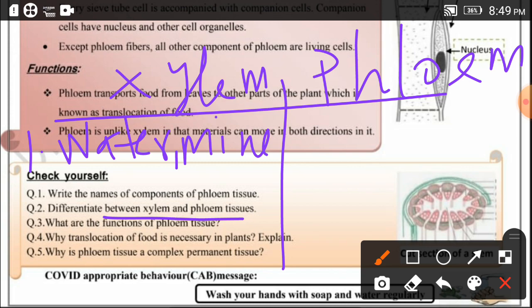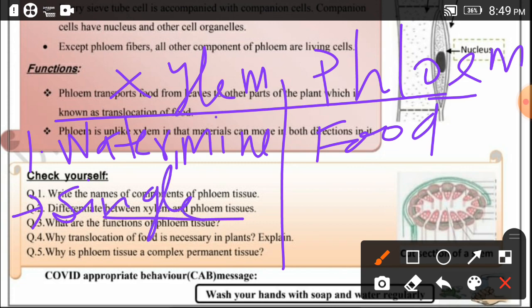Keep it in mind. Phloem translocates food. Xylem transports water and minerals in a single direction, but phloem can translocate food in two directions.